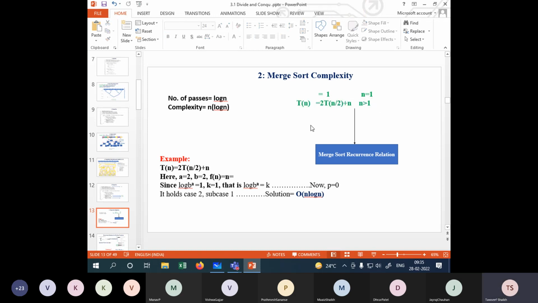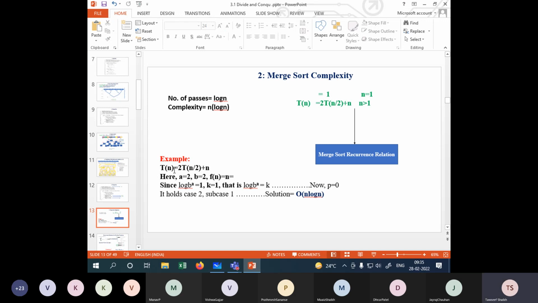As I said, whether you do the sorting using two-way merge sort or merge sort, the complexity of this algorithm is always n log n. Now, we can solve this recurrence of merge sort using any one of the methods we discussed, maybe the recurrence tree, the substitution, or the master's method.